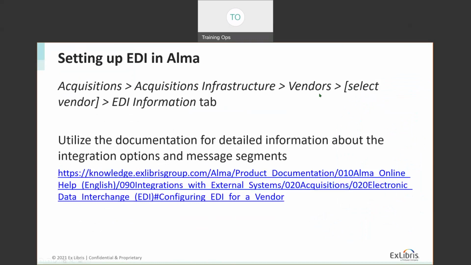It's in the vendor record. Under acquisitions, infrastructure, vendors, select your vendor and go to the EDI information tab. This is a good link talking about message segments and integration options, from the CKC, Customer Knowledge Center, or our documentation.